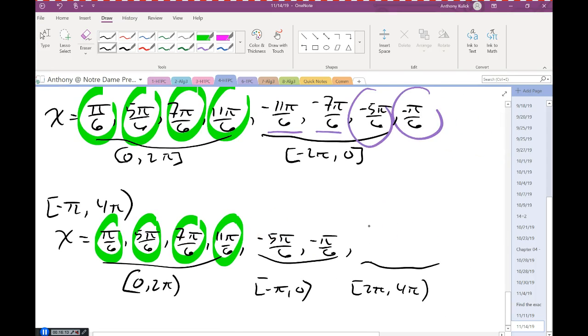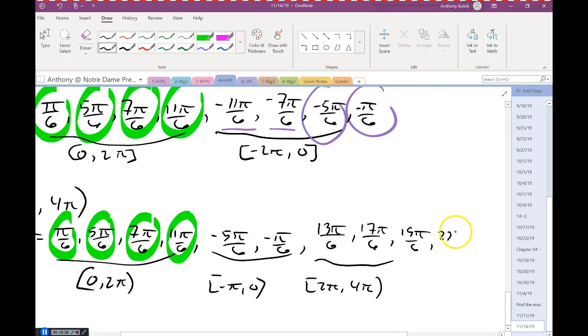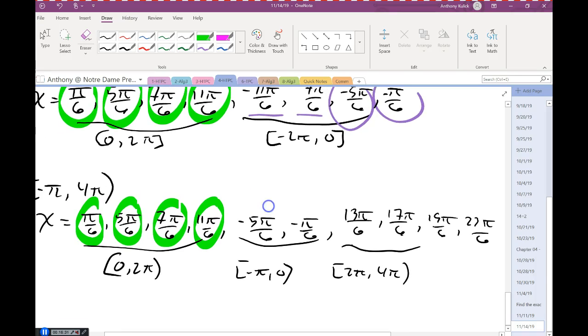So when I do that, I get 13 pi over 6, 17 pi over 6, 19 pi over 6, and 23 pi over 6. So that would be the solution set then for part B.